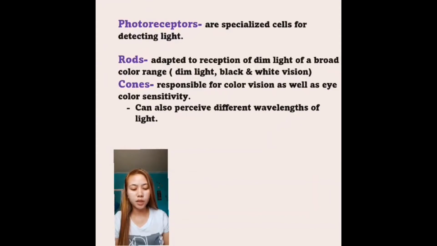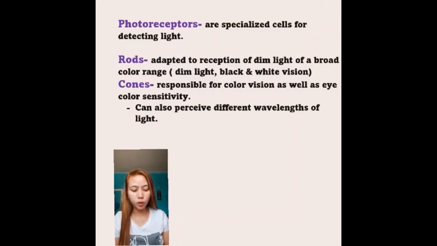Photoreceptors are specialized cells for detecting light. Rods are a type of photoreceptor cell in the retina adapted to reception of dim light of a broad color range, that is, dim light, black and white vision. They are sensitive to low light levels and help us see in low light.